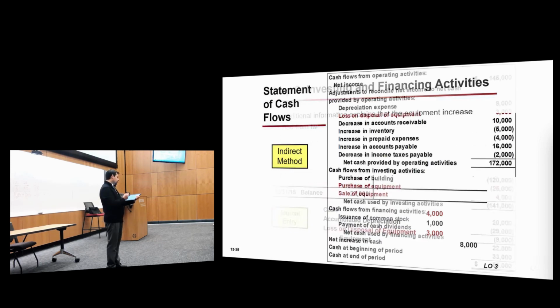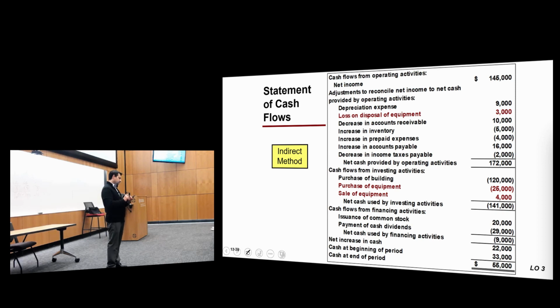Purchase of equipment was a cash outflow, so it will be deducted from net cash. On the other hand, the sale of that equipment brought in cash to the company. As a result, it's a cash inflow. This will give you net cash used by investing activities.